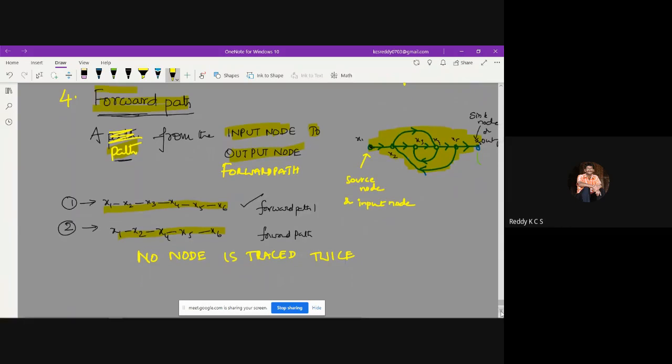That is called a forward path. This is very important while solving problems. So you should understand what a forward path is and how we can reach the output node from the input node.